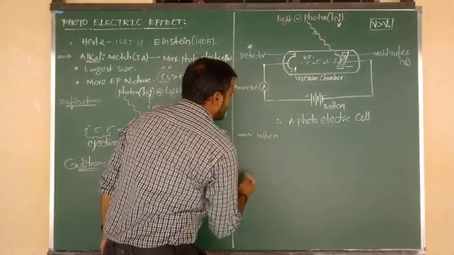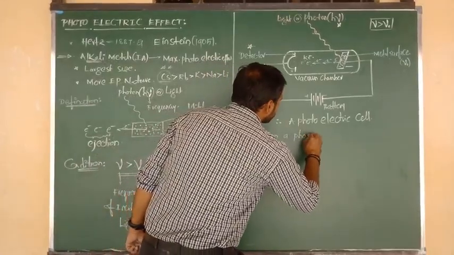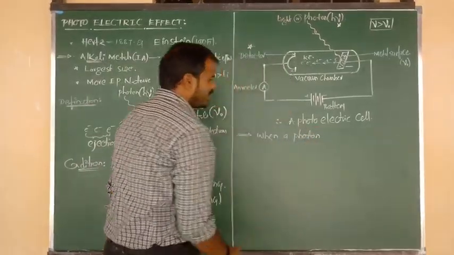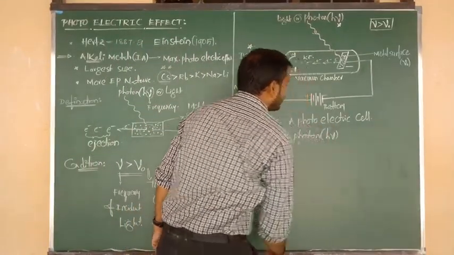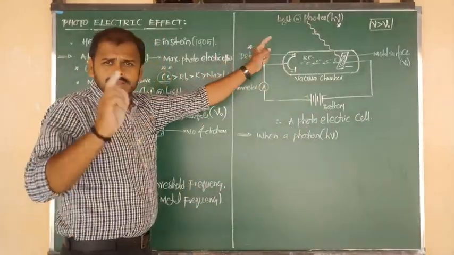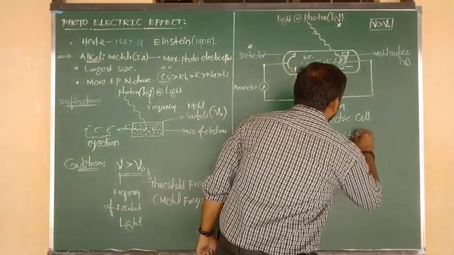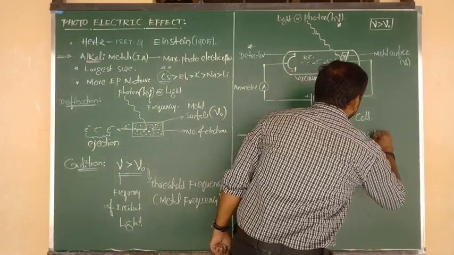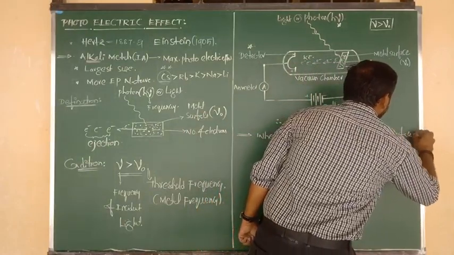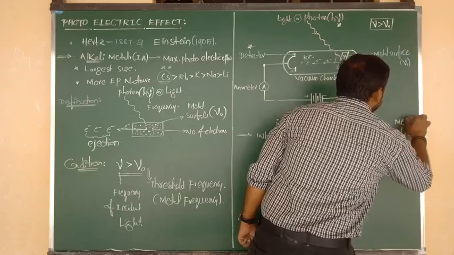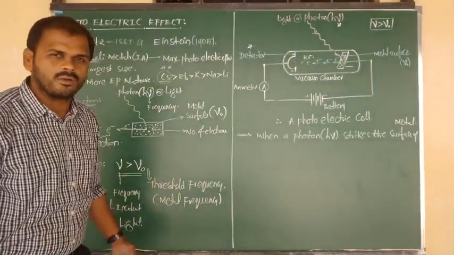Before going to the observation, I am going to tell you: what is the symbol of photon? The symbol is nothing but hν. When a photon strikes the surface of metal, in that case, what are the two changes we are going to see?